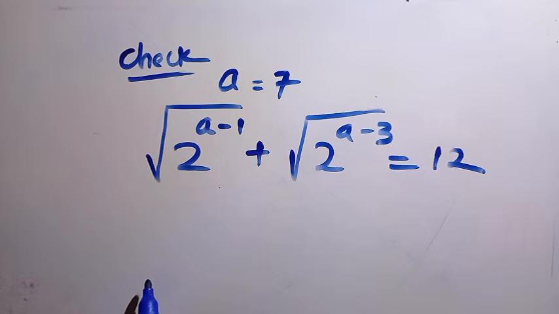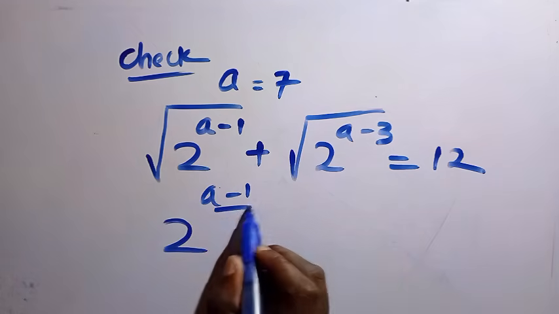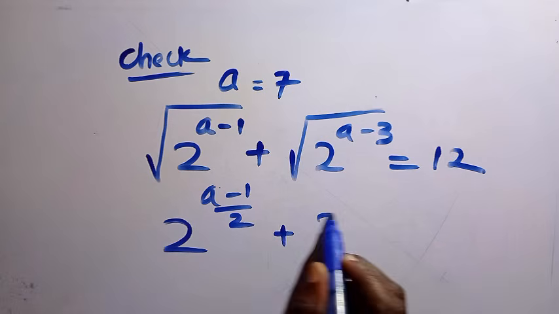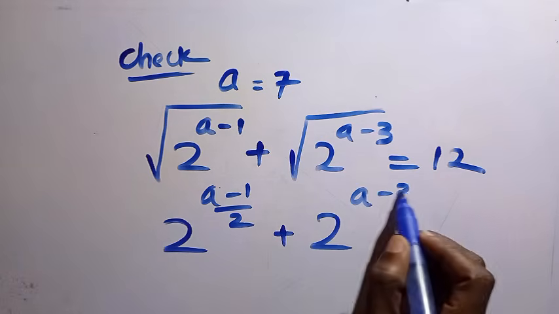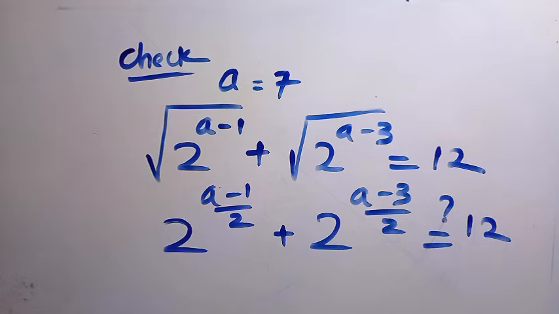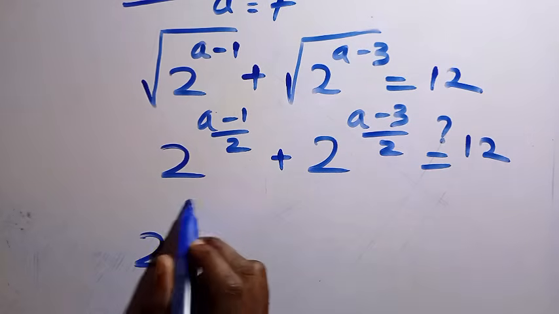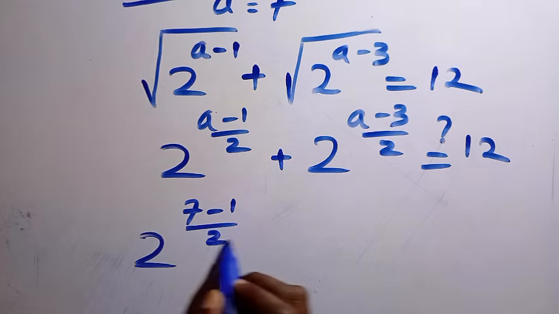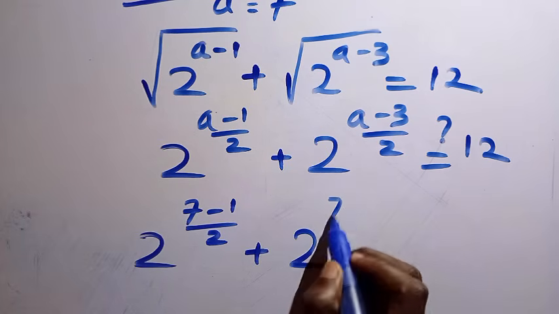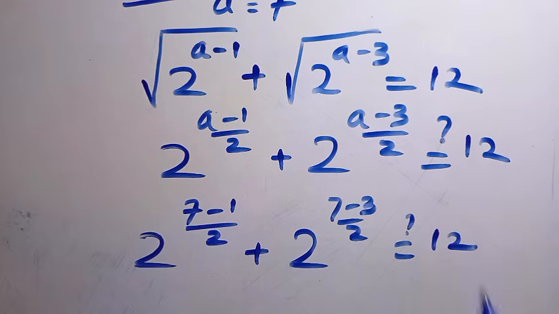Let's focus on this side. We transform this to 2 power of a minus 1 over 2 plus 2 power of a minus 3 over 2. Is this equal to 12? Replacing this, we have 2 power of 7 minus 1 over 2 plus 2 power of 7 minus 3 over 2. Is this equal to 12?